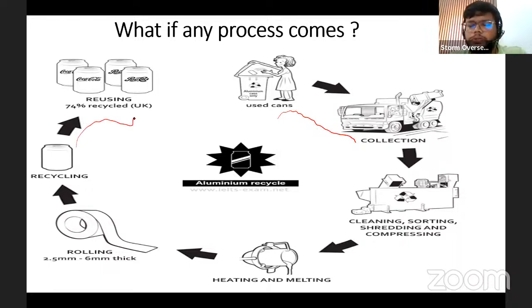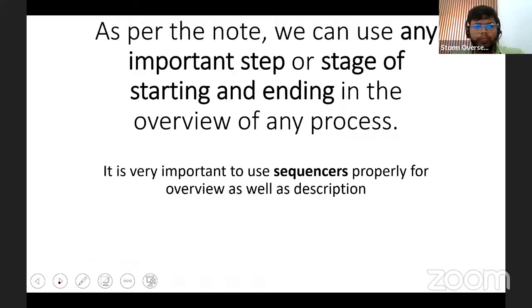I need to join these two steps which start the process and the last two steps which end the process. I have done this. You can also mention this to make your work easy when you write your process.